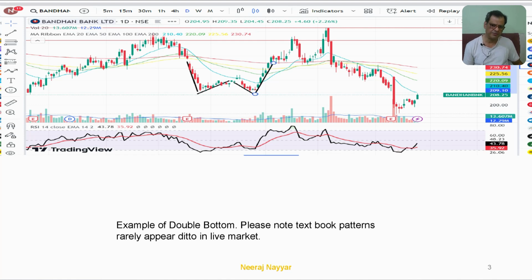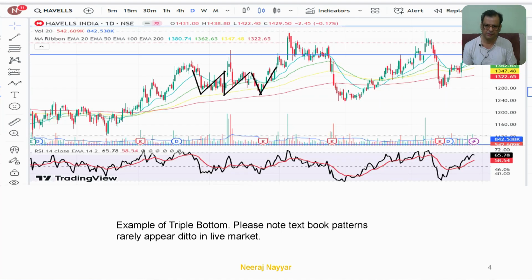So two times the bears tried and the bulls overpowered the second time, and off they go on top of the neckline. Like I said, you can take it at a break here, or if you see a break, again a retest of the neckline, then it goes up again. So up to you how you want to trade. Ultra safe people can go for a retest, otherwise you can go with the breakout.